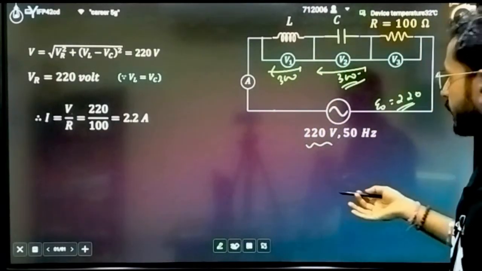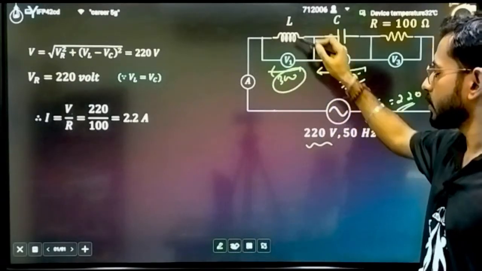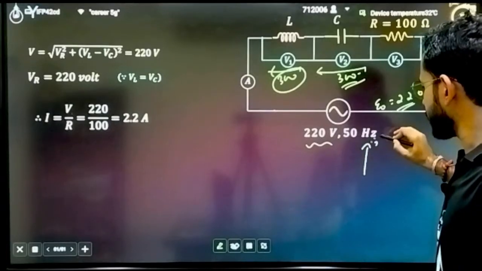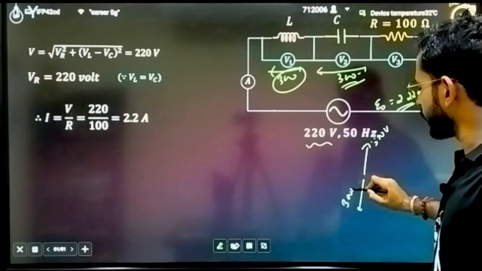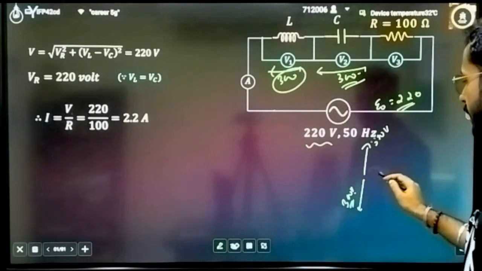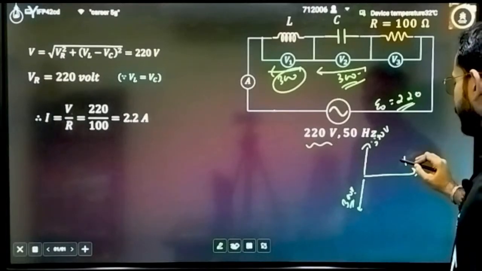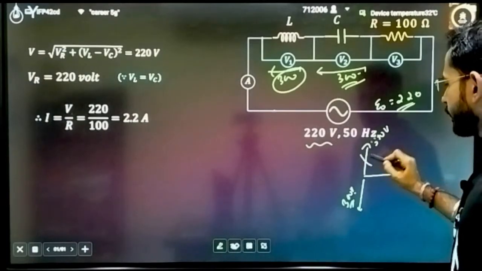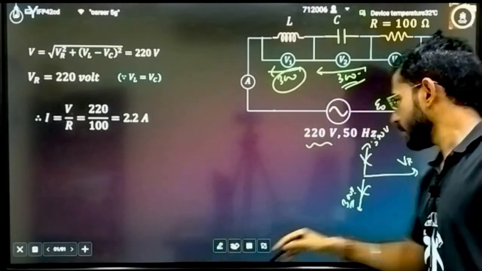It is easy. In what direction do you always tend to represent the potential across the inductor? I can say in the positive axis, 300 volt. In the negative axis, the capacitor is also given as 300 volt potential. Both are the same, so they are going to cancel out, and across the resistor you have to calculate VR. So the resultant itself comes across the resistor.